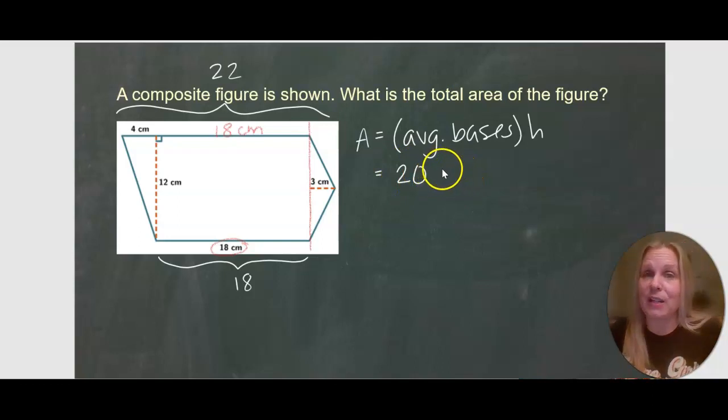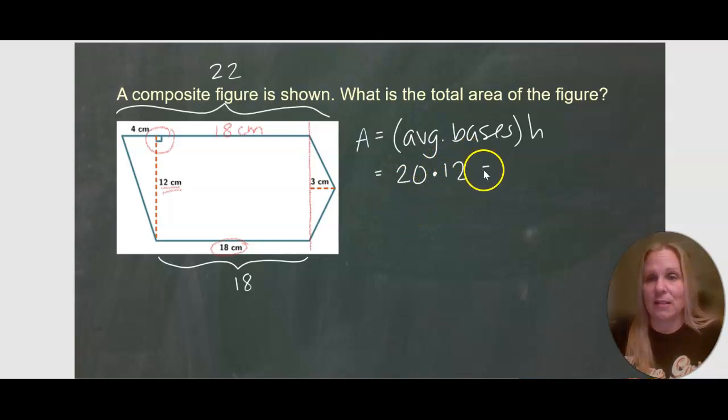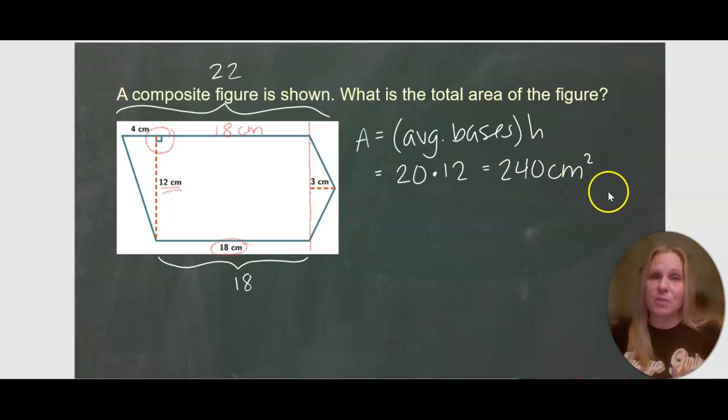Remember I said the height is always perpendicular to the base. So here's my little marking that shows perpendicular. So this is my height. So now I'm going to multiply by 12, and I get 240 square centimeters. Now that's just my trapezoid, right?